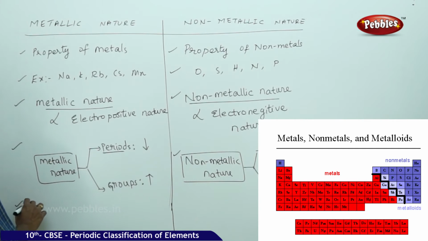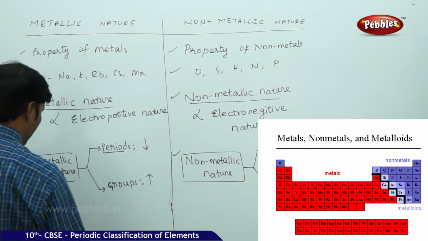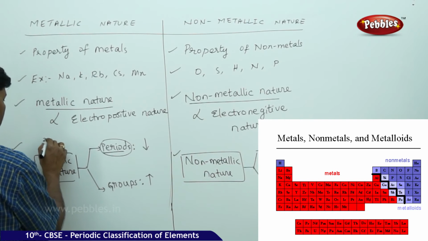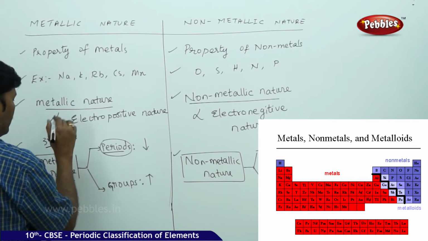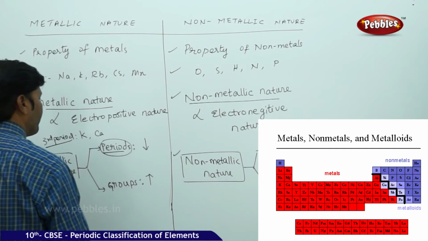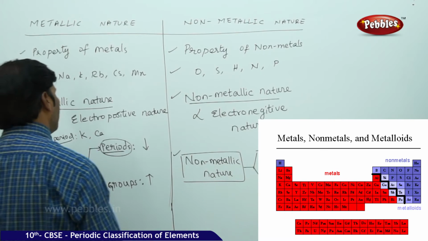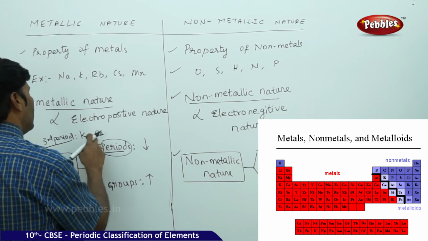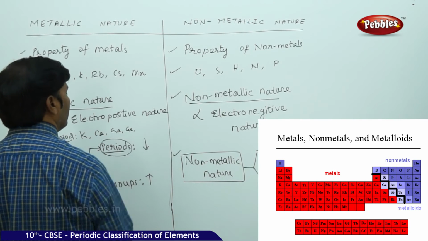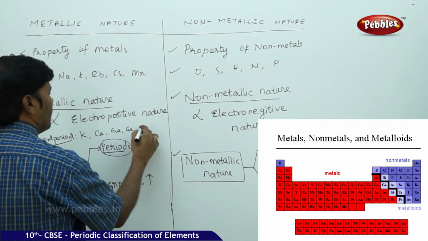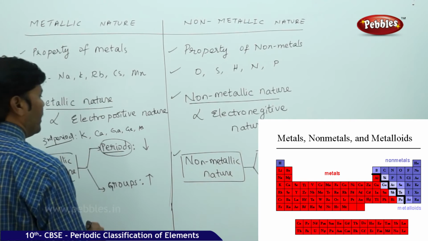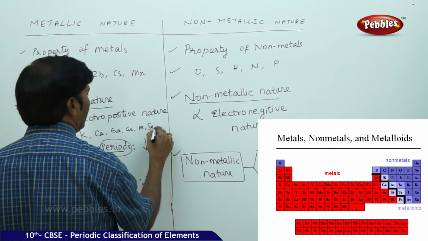Example, left to right in a period. If you go for a period in particular, say I am taking the third period, it starts with lithium, sodium, potassium, calcium, then scandium up to 31 gallium, germanium, arsenic, then oxygen, sulfur, selenium 34, bromine 35, and finally bromine.